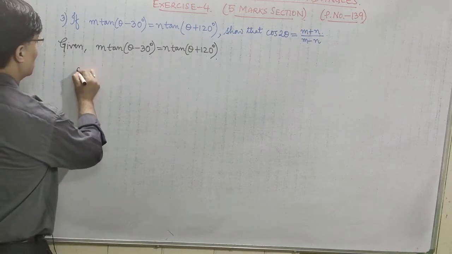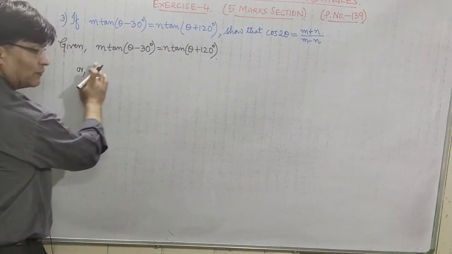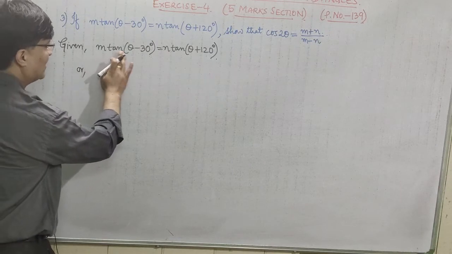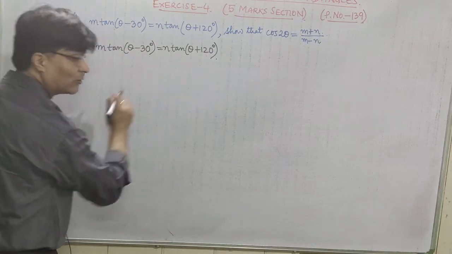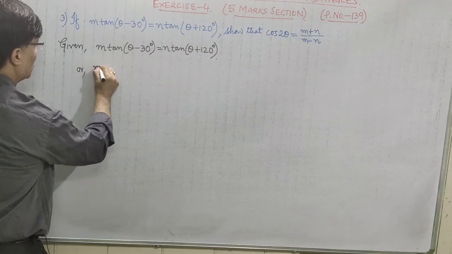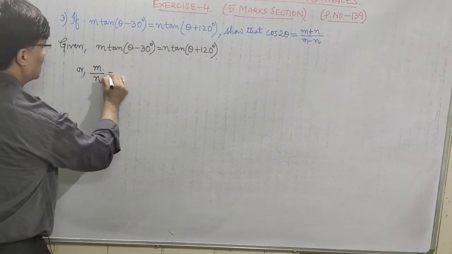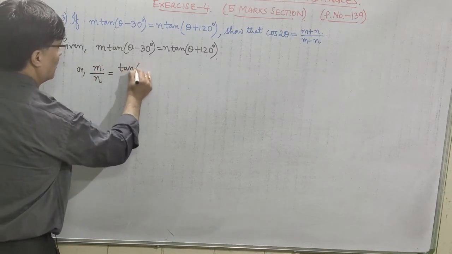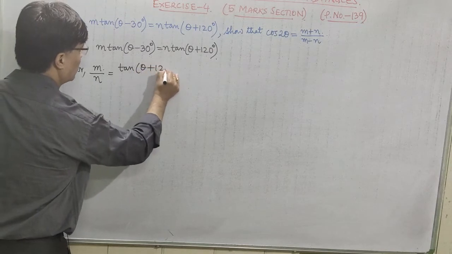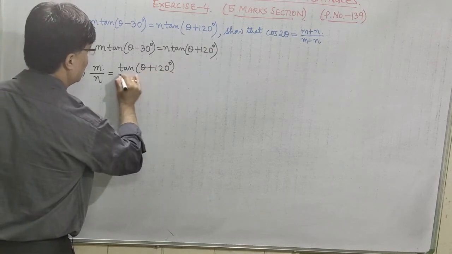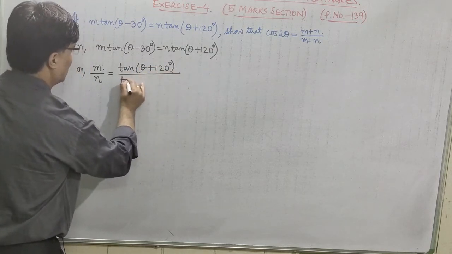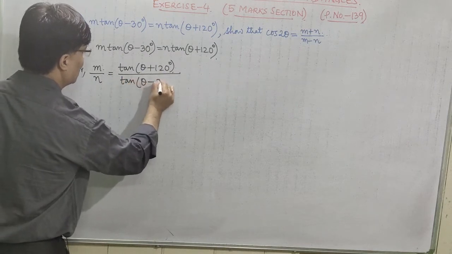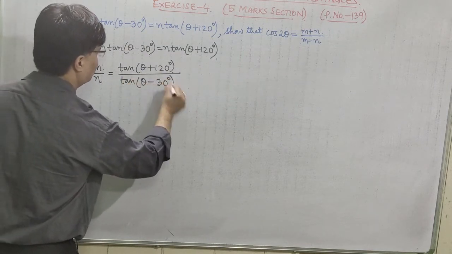Okay, so let us take this n to the left hand side and this tan theta minus 30 degree to the right hand side. Okay, so m upon n is equal to, this is tan of theta plus 120 degree divided by tan of, this is theta minus 30 degree.